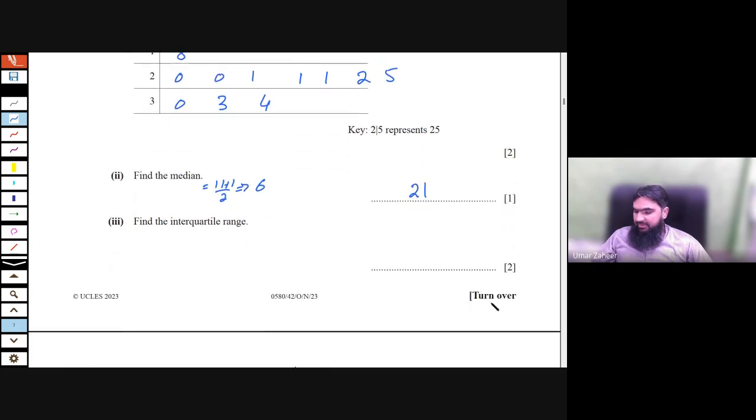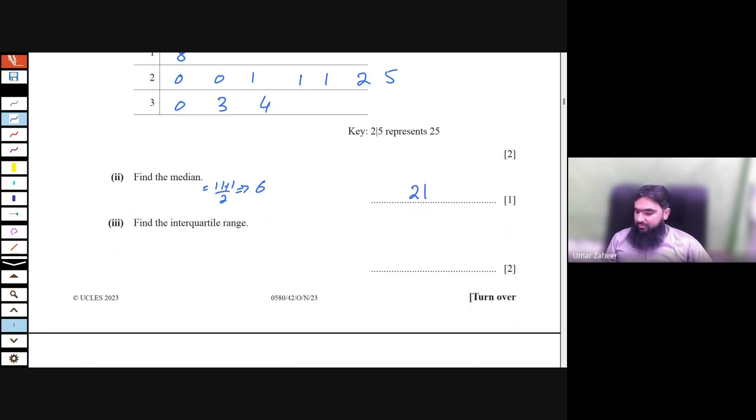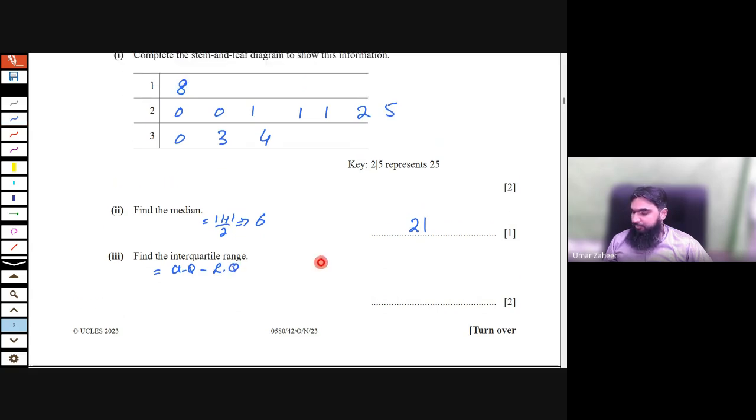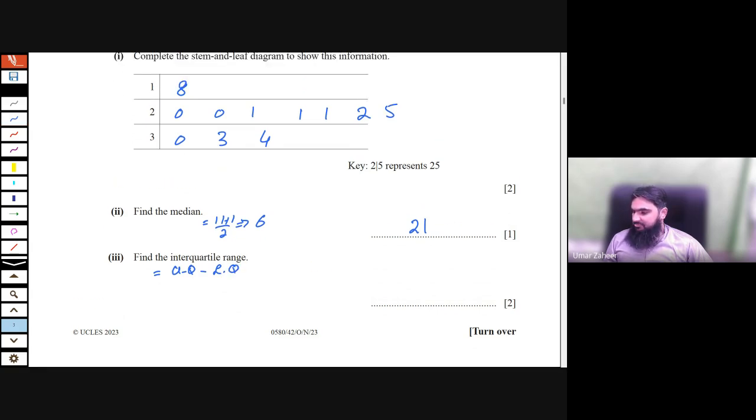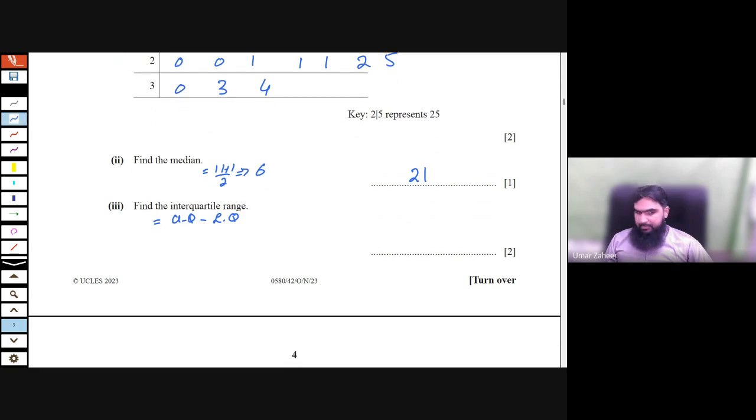Now next we have to find the interquartile range. We know that it is equal to the upper quartile minus the lower quartile. The upper quartile is the 75th percentile, 75 over 100 times the total frequency.